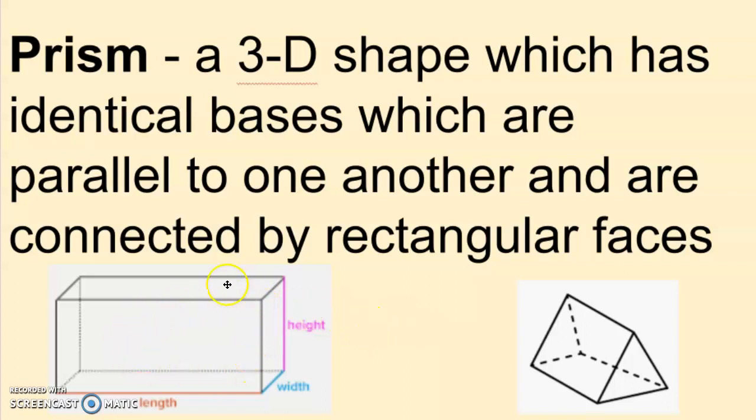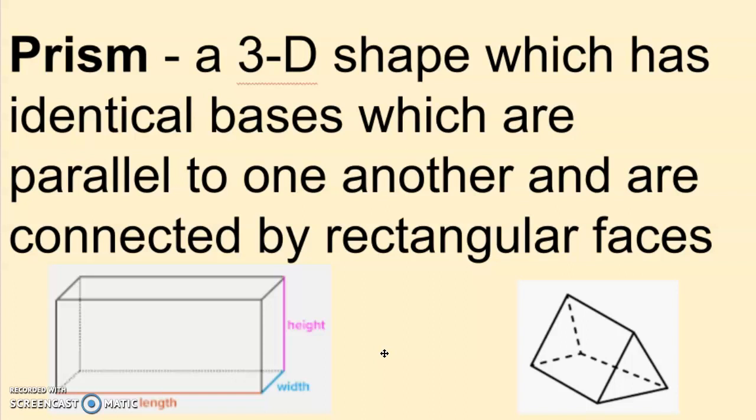The first one here on the left is a rectangular prism. I can think about the bases as the top and the bottom, or technically I could think about it as the front or the back or the left and the right side. All of the faces of a rectangular prism are rectangles.